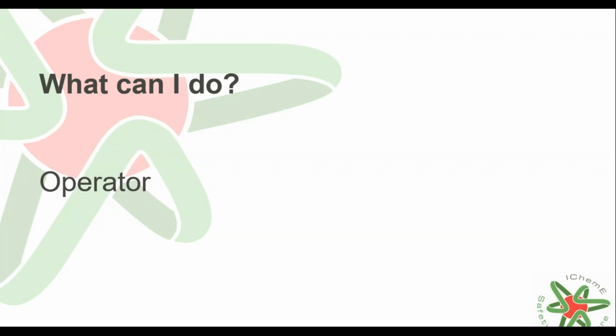What do I mean by that? For instance, if I am a supervisor, I can still read all the recommendations or tips that are related to operators and to managers so that I can get a clear picture.